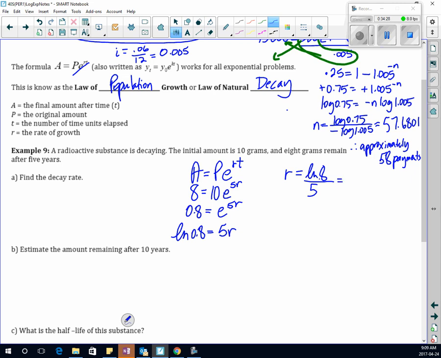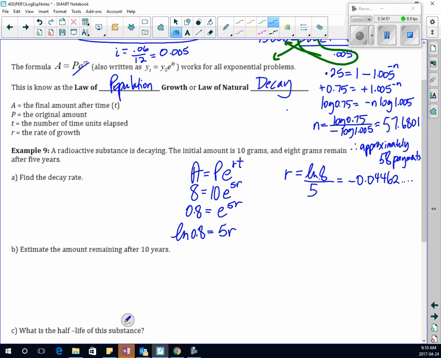So you get negative 0.04462 blah, blah, blah. I guess it would be grams per year, but that doesn't make sense. So it's the rate. Does that make sense why it's negative?